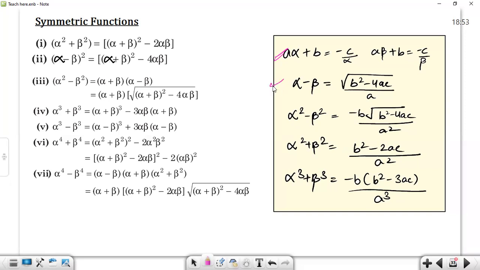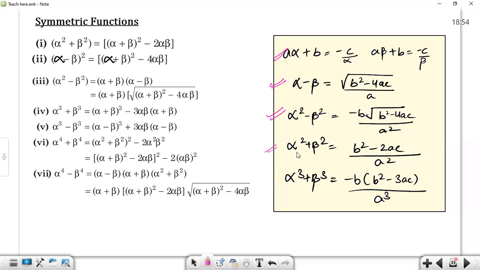Alpha minus beta will be found by taking the square root of alpha minus beta whole square, and this will be found by multiplying alpha plus beta into alpha minus beta. Alpha minus beta we already know, and alpha plus beta is minus b by a.